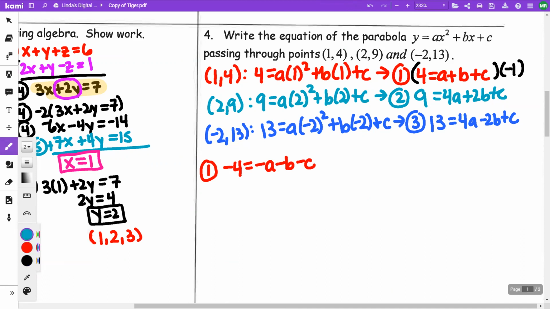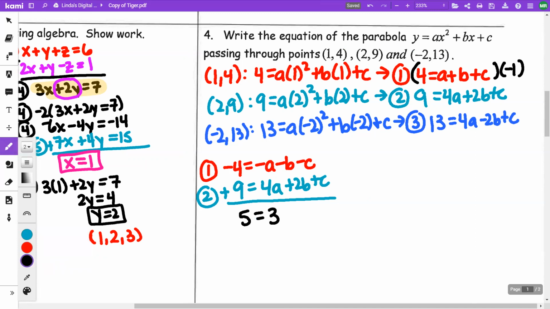I'm going to use that with equation 2. So 9 is equal to 4a plus 2b plus c. I'm going to add these up, and I'm going to get 5 is equal to 3a plus b. I'm going to call this equation 4.